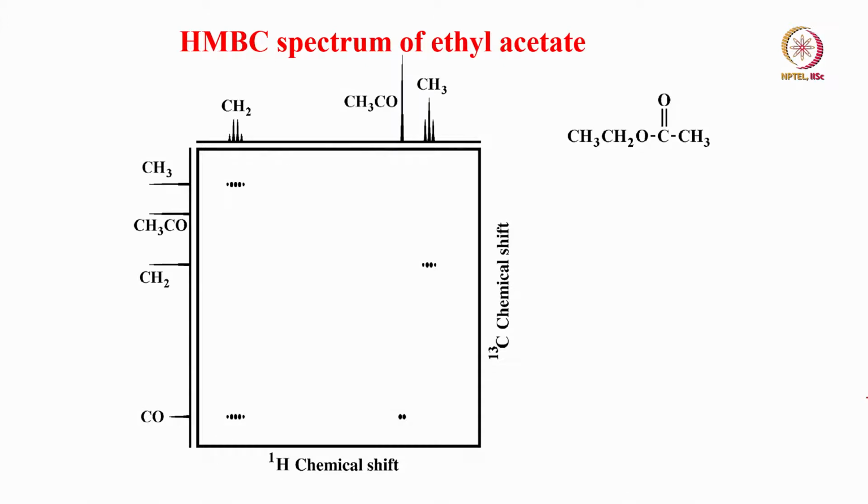The same thing if you want to do, see the HMBC, this CH3 is correlating to this proton. You see, this CH3 is correlated to the CH2 proton. This is the CH3 carbon. Similarly, the CH2 carbon is correlating to the CH3 proton, and each time you give long range coupling, carbon correlation to this proton and this carbon correlation to this proton, but these proton couplings are seen.